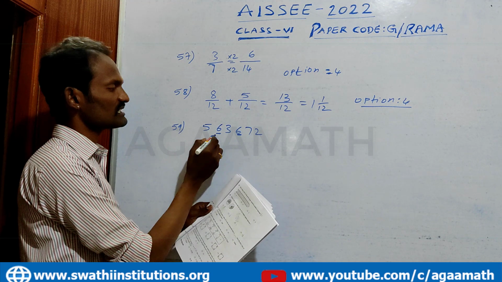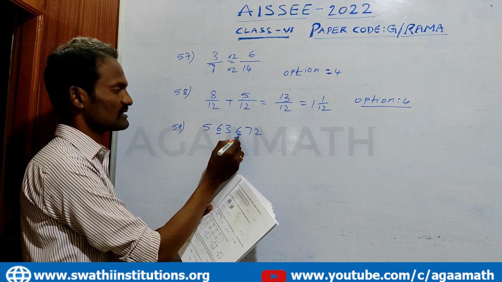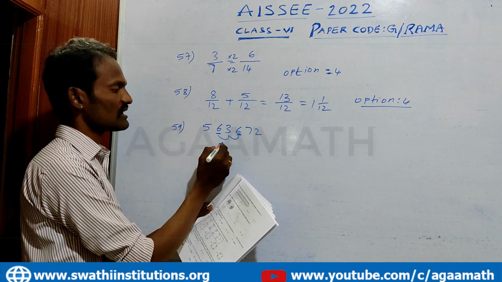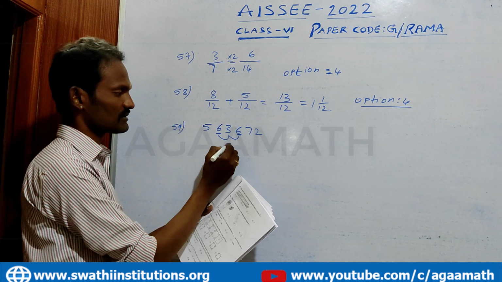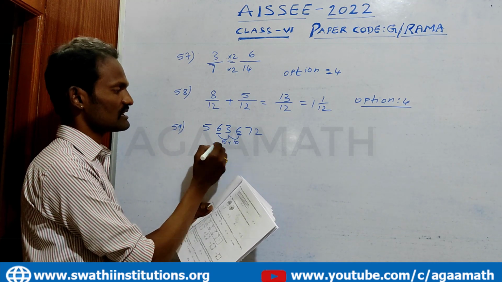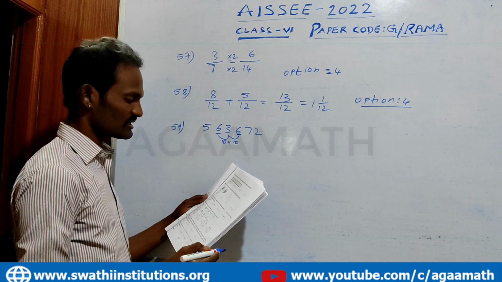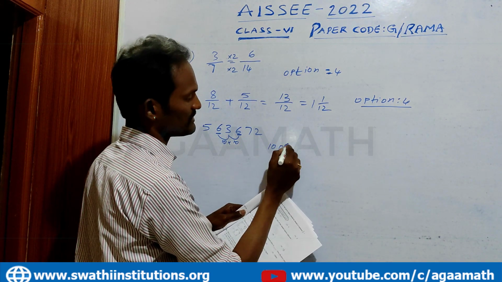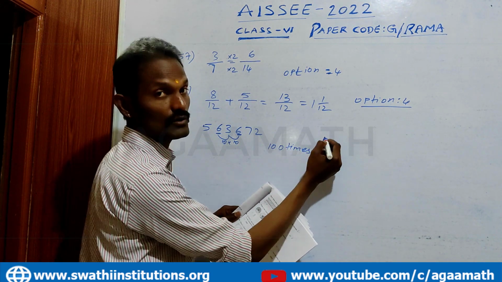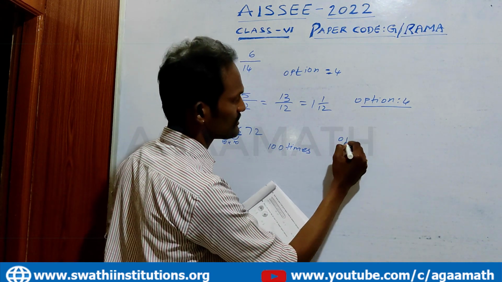Means how many times is this? It is tens, total 100 times, because 10 times 10 is 100 times. So the option is 2, that is 100 times, according to the given question.